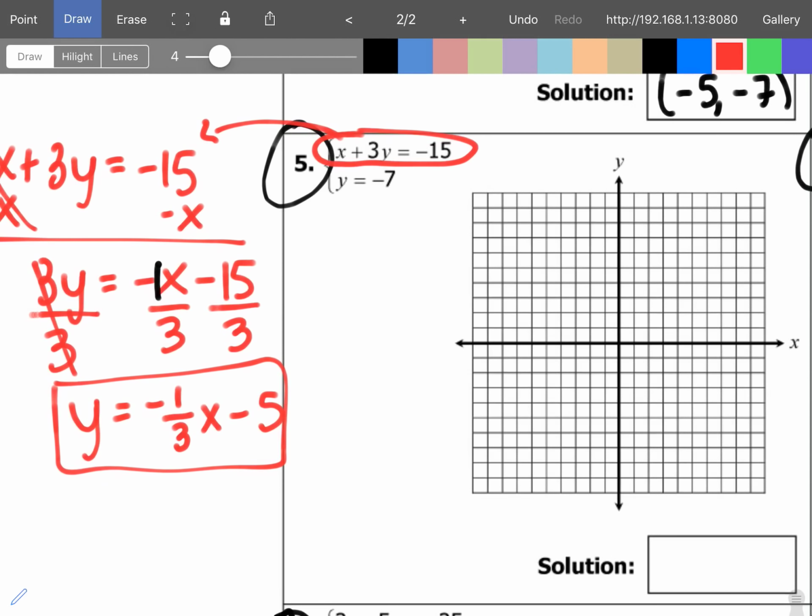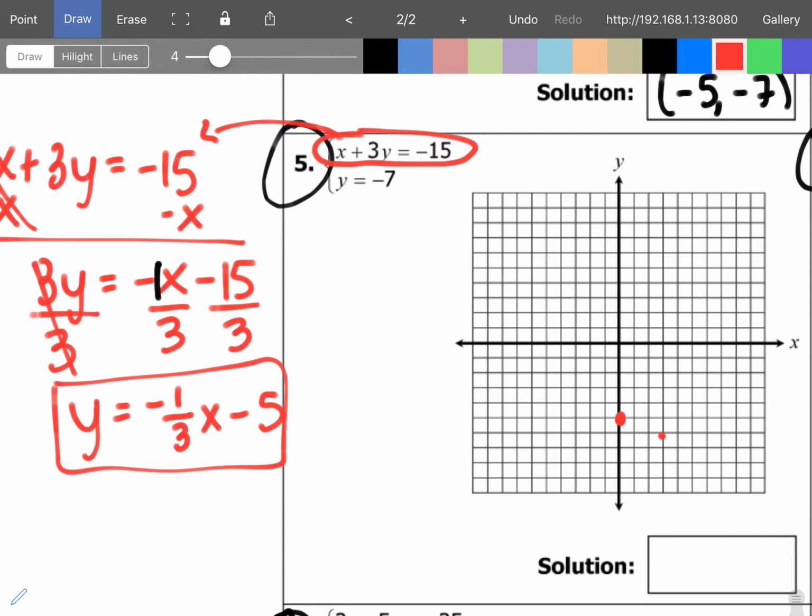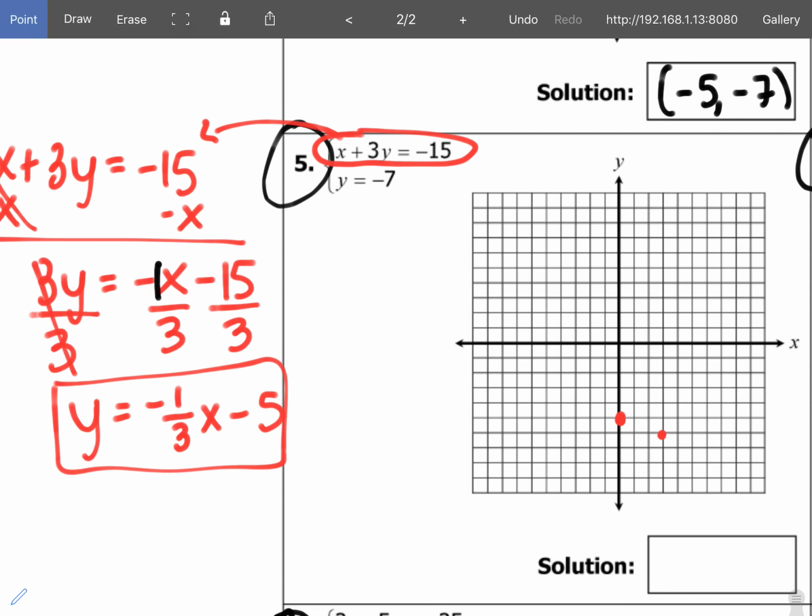Let's graph negative 5. We're going to graph negative 5 on the y-axis first. And then we're going to do rise over run. So I'm going to go down 1 over positive 3, make a point. You can also go up 1 over negative 3 and make a point.